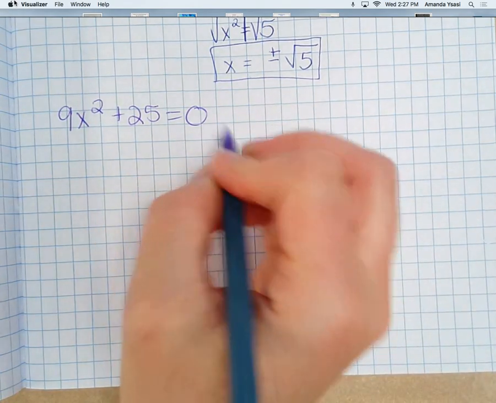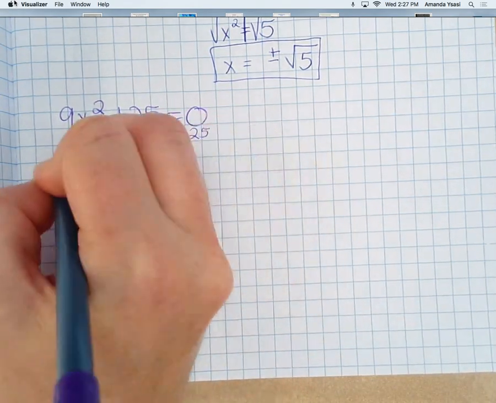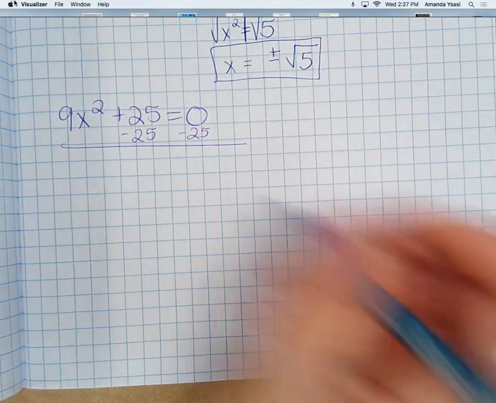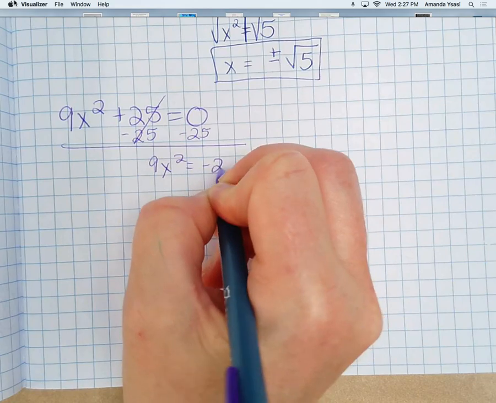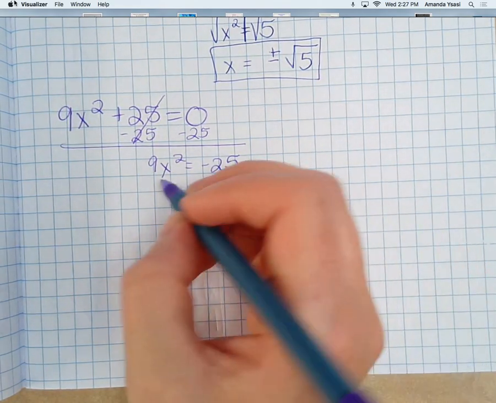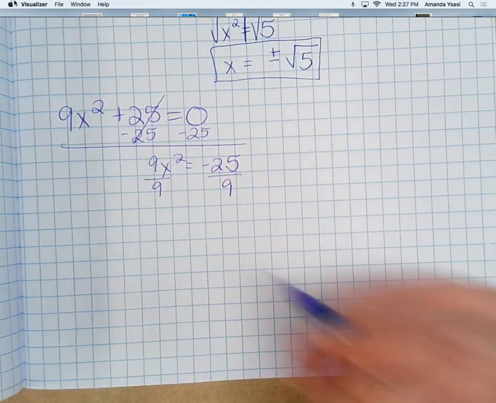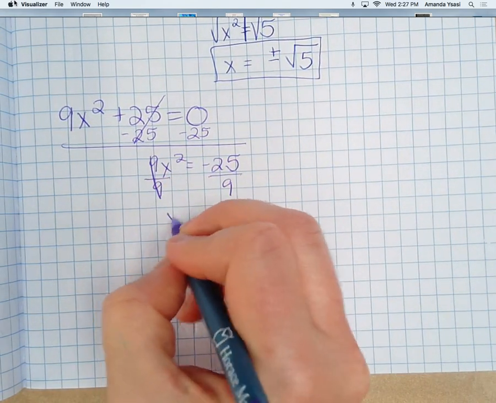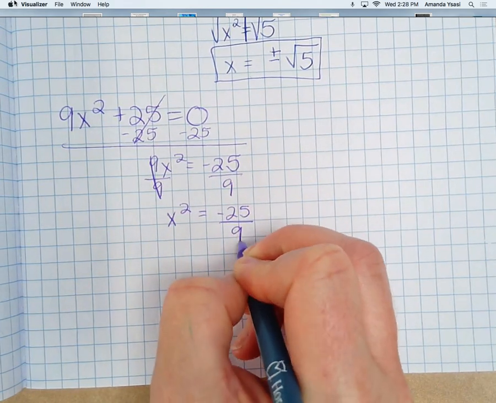I need to subtract 25 on both sides. So I get 9x squared equals negative 25. Then I divide by 9. So then I have x squared equals negative 25 over 9.